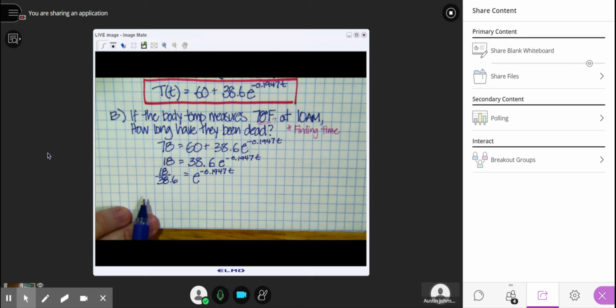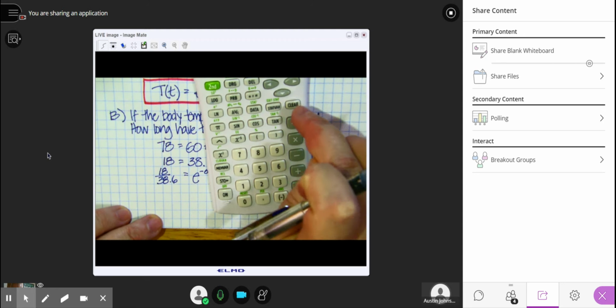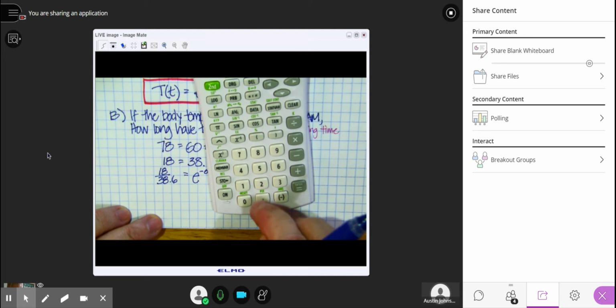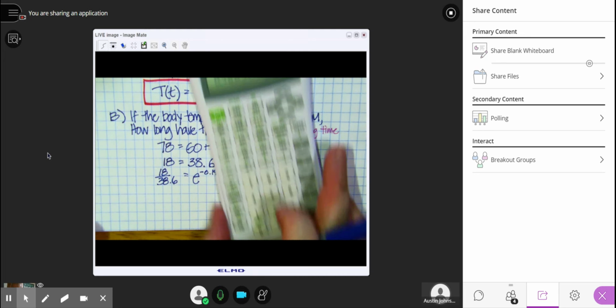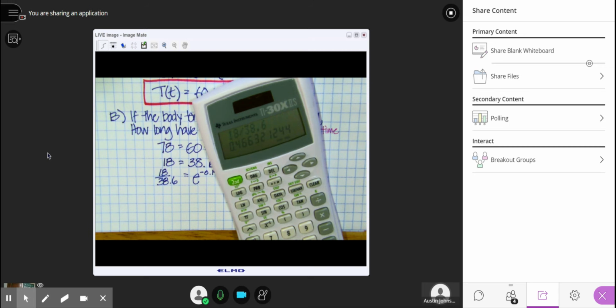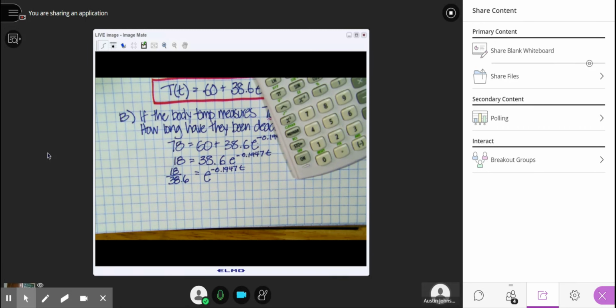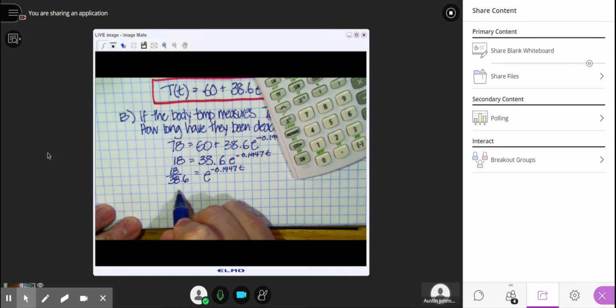Now, you'll notice again, I did not work out what that number is. Because if I do 18 divided by 38.6, I'm not getting a nice number. I'm getting a crazy decimal. So I made a personal decision to leave it as 18 over 38.6, because I can use my law of logs to rewrite that as ln 18 minus ln 38.6.